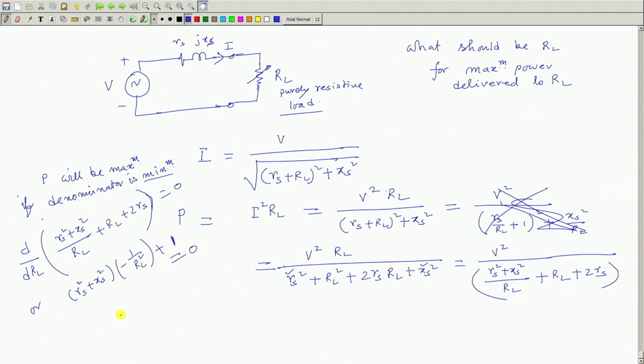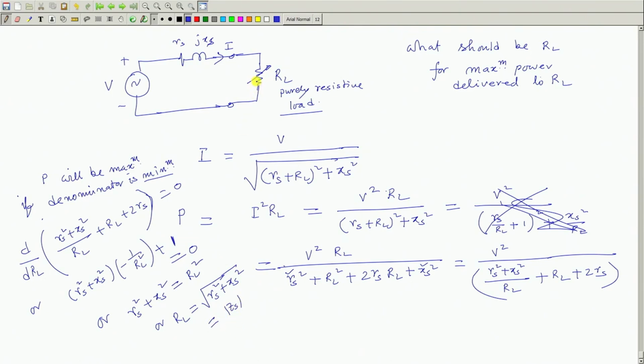If you manipulate this, it will be equal to RL square, or RL, which has to be a positive number, is the square root of RS square plus XS square, which happens to be the magnitude of the source impedance.